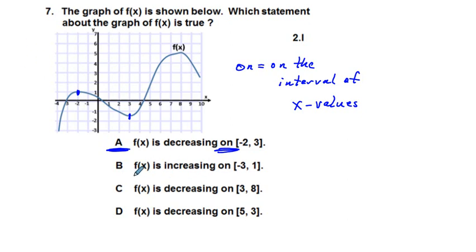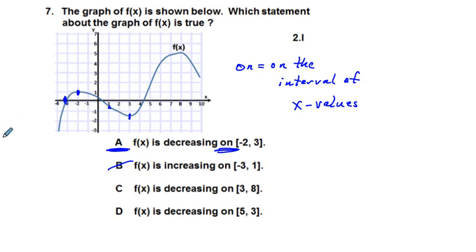Choice B, f of x is increasing on -3 to 1. Well, here's -3, and definitely increasing initially, but then decreasing after x equals -2. So not increasing over that whole interval. That's not right. Next choice C, f of x is decreasing on -3 to 8. Well, here's -3.